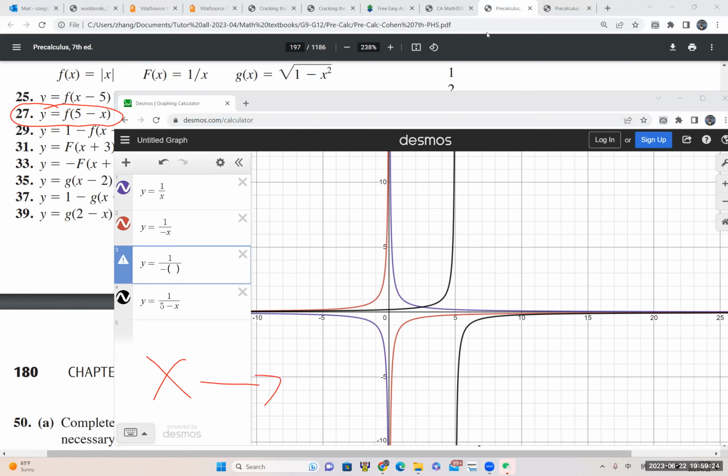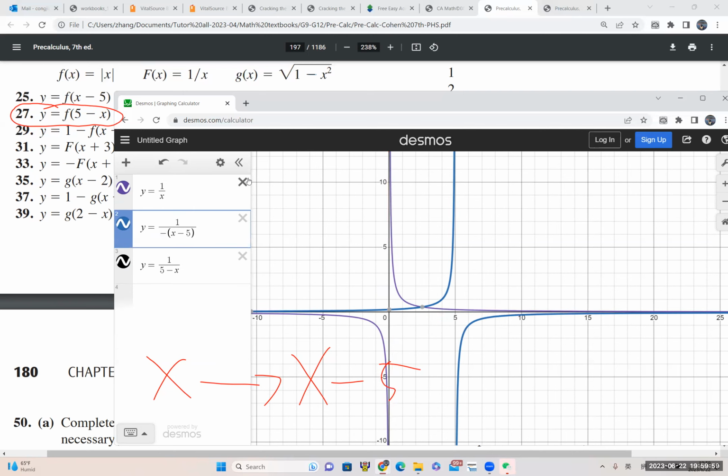Initial is x. Now you should let it go to x minus 5, minus 5 instead of plus 5, right? So I copy from here, negative still negative, and I just change x to x minus 5. So it's the blue line. I suppose it matches the black line, right? So they are at the same place, right?